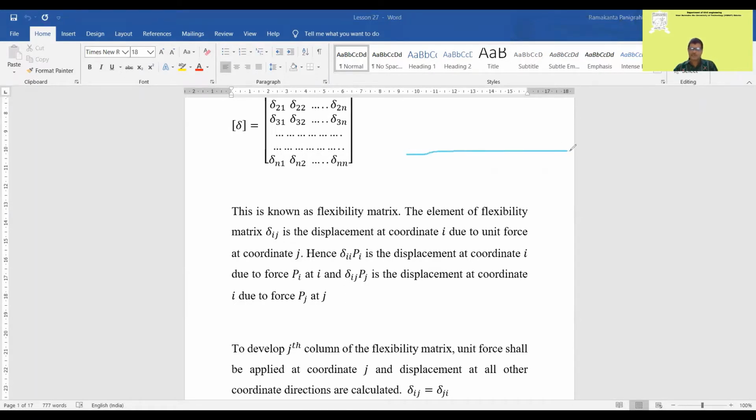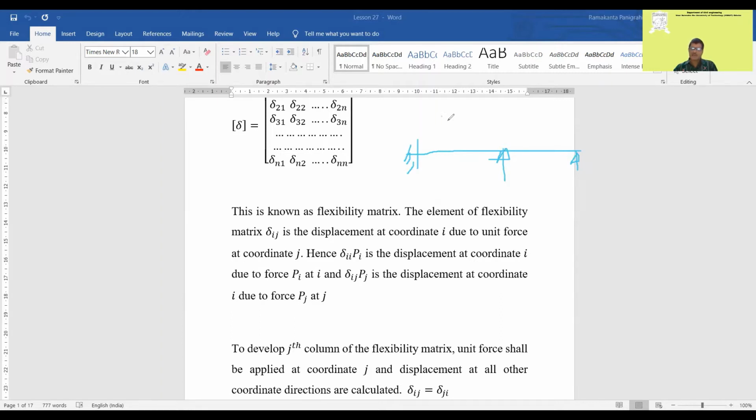Let's come to this example. In this problem, the beam is fixed at one end and has roller supports at the other ends.